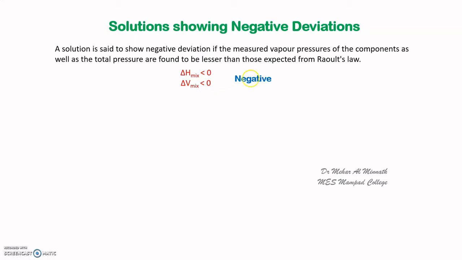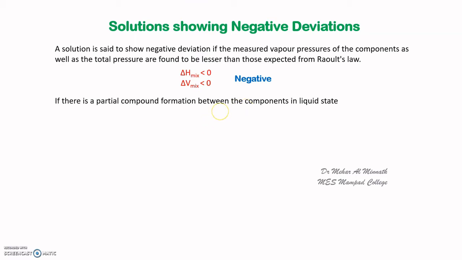So the delta V mix will be negative. Similarly, the enthalpy of mixing will also be negative. And this negative deviation will be shown by components which are structurally different and whose polarity is different. The conditions are exactly the opposite of those for an ideal solution.